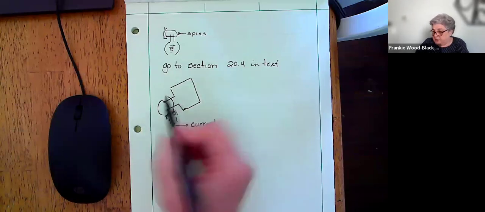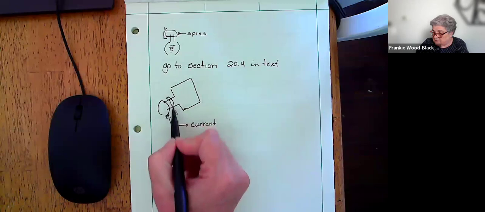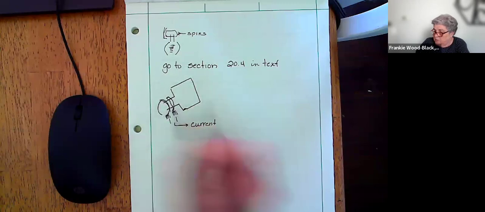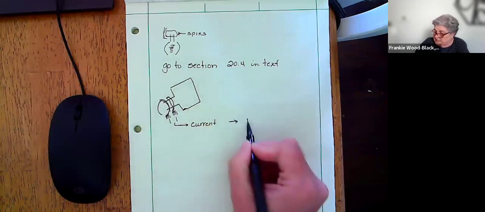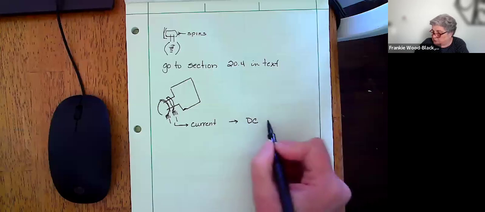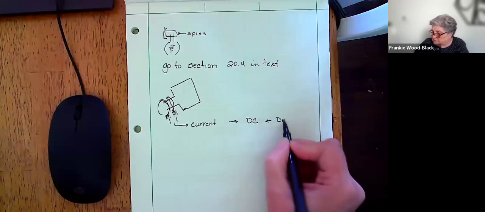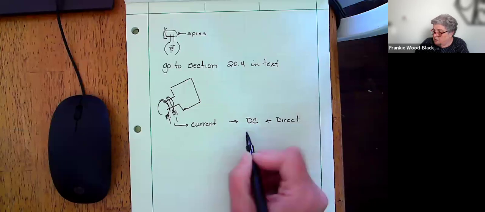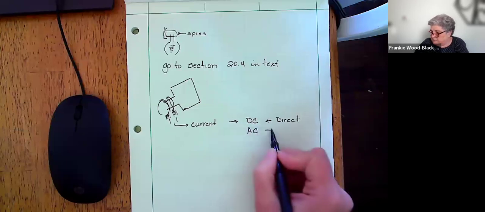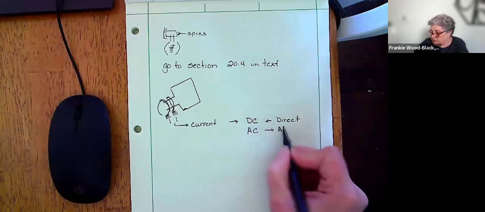Depending on how you put these slip rings on, will tell us whether we get DC current or direct current, or AC current, alternating current.